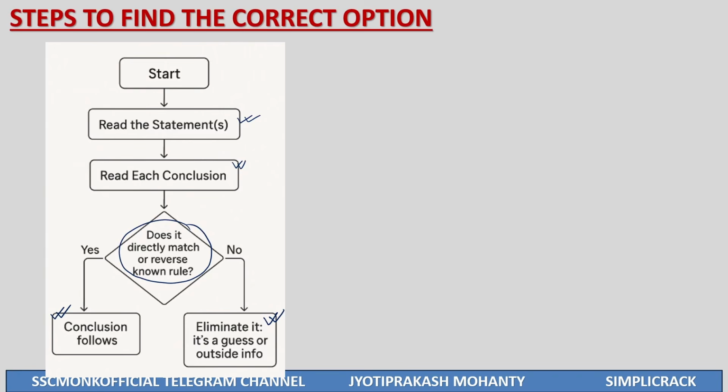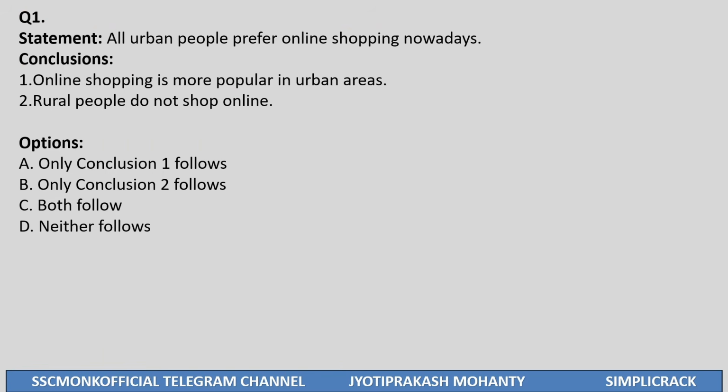My next step should be, does this conclusion match or reverse the known rule? First, it is saying online shopping is more popular in urban areas. Now, is it matching? Yes, because all urban people prefer online shopping. That means this conclusion can be derived.